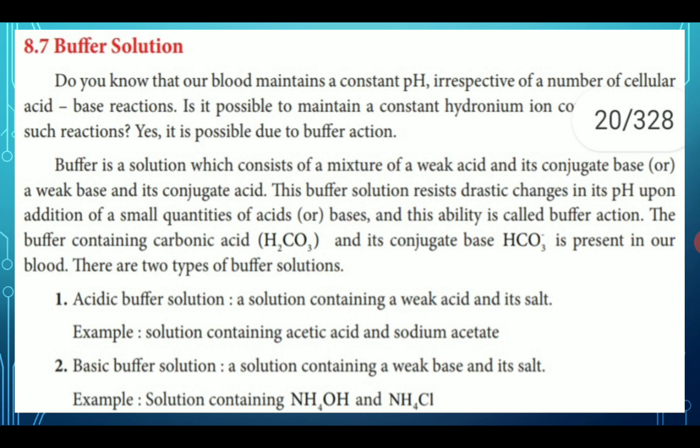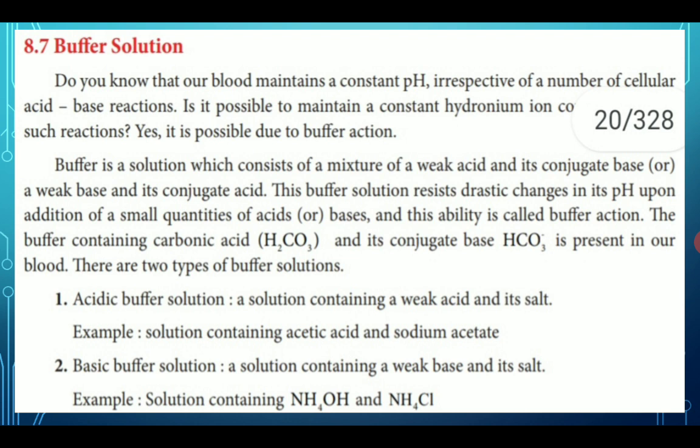So a buffer is a solution which consists of a mixture of a weak acid and its conjugate base, or a weak base and its conjugate acid. So either this one or that one.